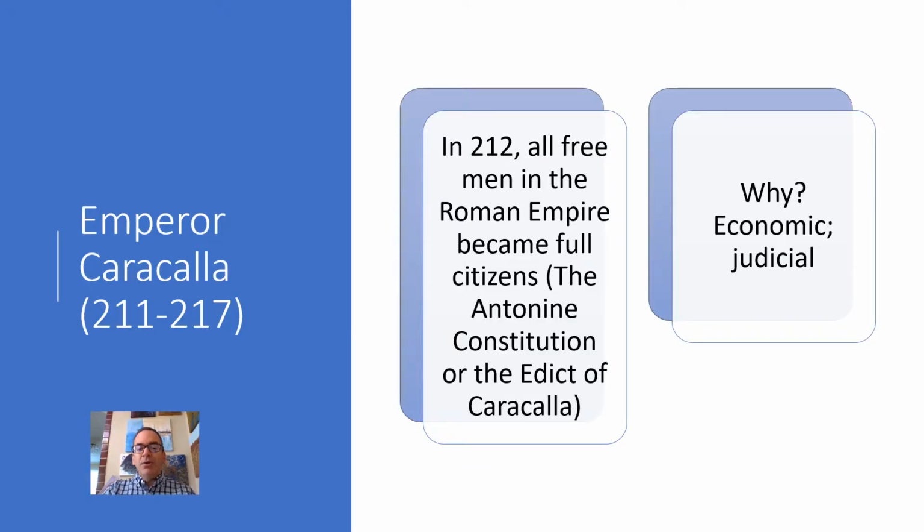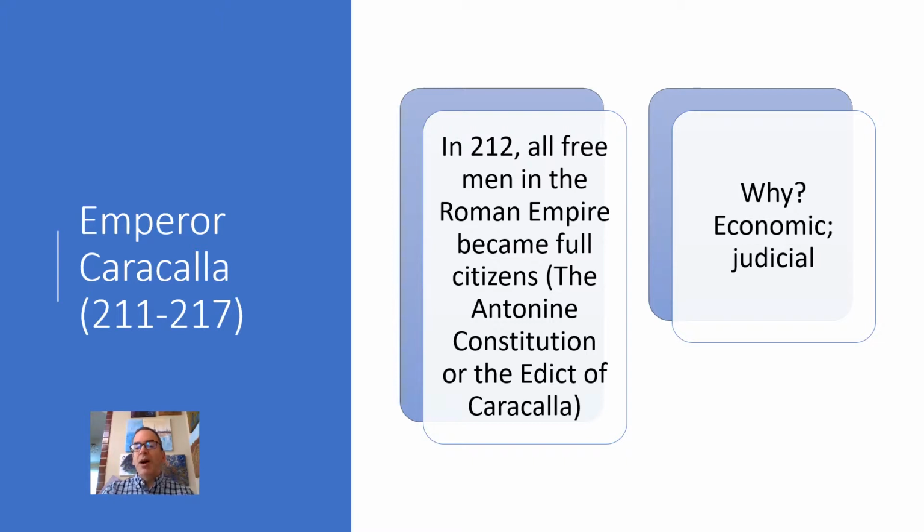Also in 212, and I should really make sure you read up a little bit about this, the people living in all of these places on the map I just showed you were not necessarily Roman citizens. But in 212, you've got an emperor named Caracalla, and it's sometimes called the Constitutio Antoniniana or the Edict of Caracalla, where he gives all free men in the Roman Empire citizenship.